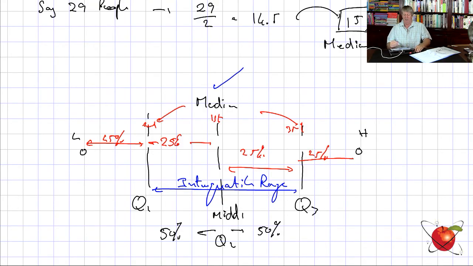There we go. Q2 is over here, right? Then you find the median of the next bit down, in other words, the middle of the first half. Then you find the middle of the second half. That gives us Q1 and Q3.